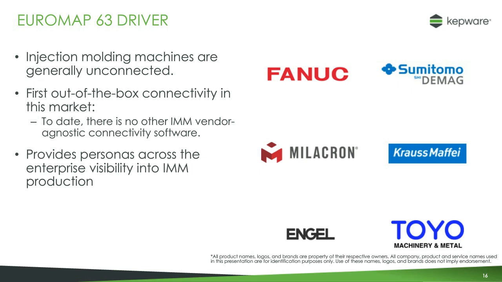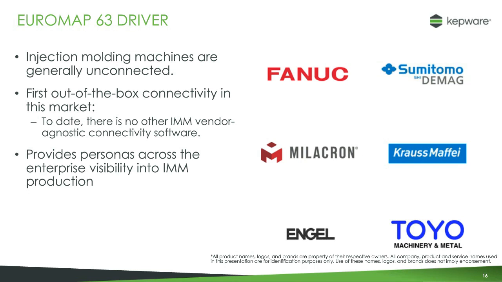The logos that you see on the right-hand side are the different manufacturers of injection molding machines that we have validated our software against. This is by no means an endorsement of those manufacturers or they endorsing us, simply stating that we have had the ability to connect to these machines with our driver for our own validation to ensure that they work properly.